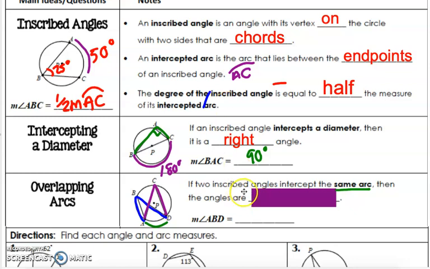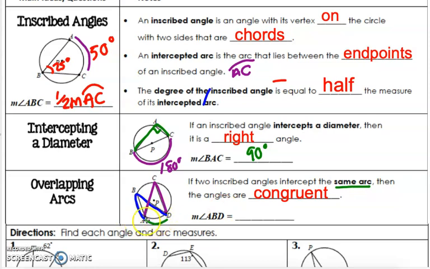If you have two inscribed angles opening up to the same intercepted arc, those angles are going to be congruent. The reasoning is they both open up to the arc AD, so they have to be equal. So angle B is going to be equal to angle C.